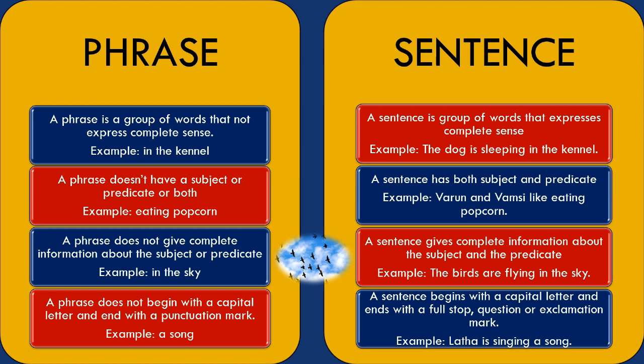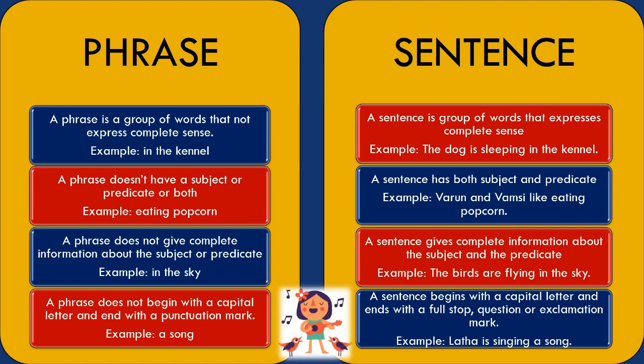Now let's go to the last and fourth difference. A song. This word or phrase itself is vague, as there is no punctuation at all in that phrase. Now if I say Lata is singing a song, Lata starts with a capital letter and it ends with a full stop, as it is a statement.